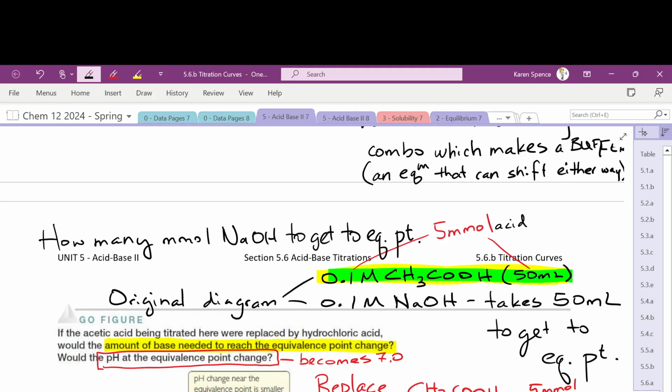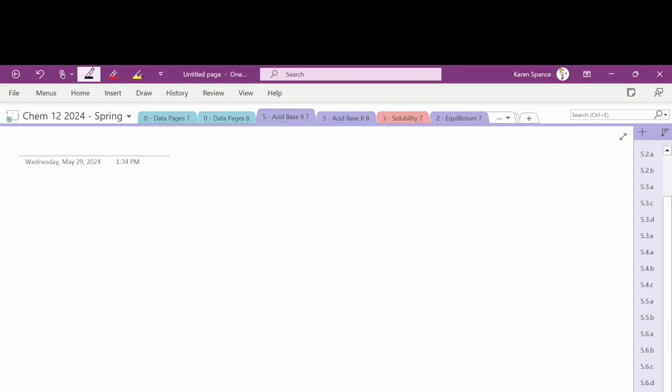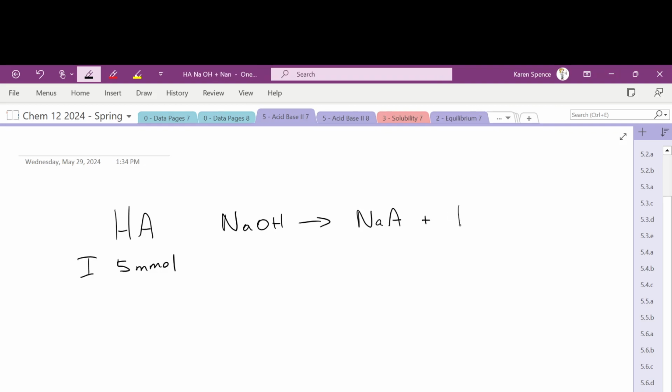You know what I'm going to do? I'm going to grab another piece of paper here, and I'm going to say we have HA, and we're starting with 5 millimoles, yes? If you want to grab another piece of paper, you can, because I'm kind of running out of room on that one and it's getting very messy.